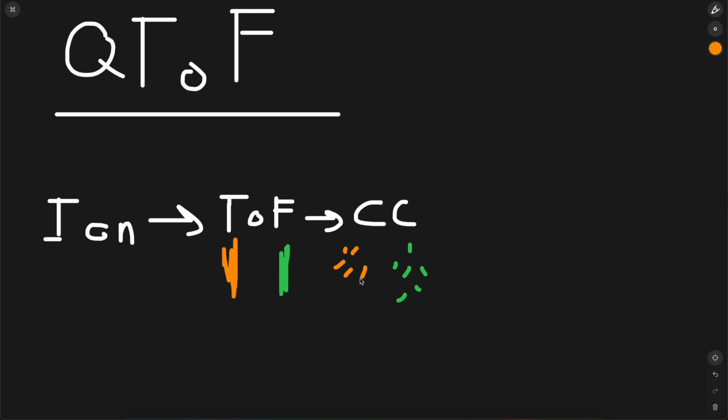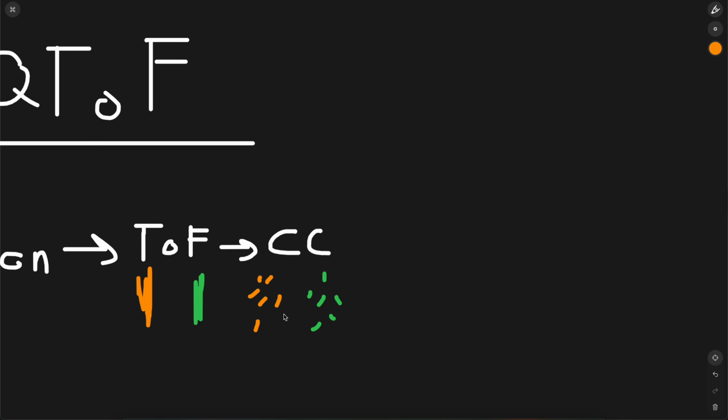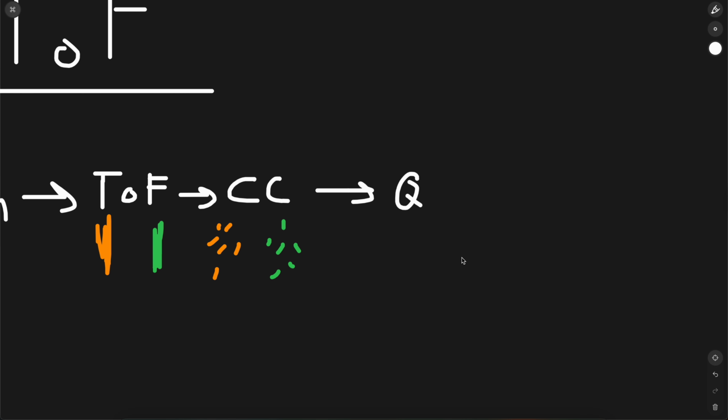So these orange fragments are happening at a later time than the green ones. And then it just goes to a simple quadrupole, which I'll call Q, where they're going to move through, and these green species are going to select differently in time, where once all the green has moved through, then the orange moves through.